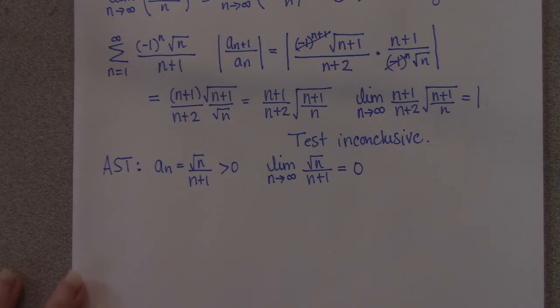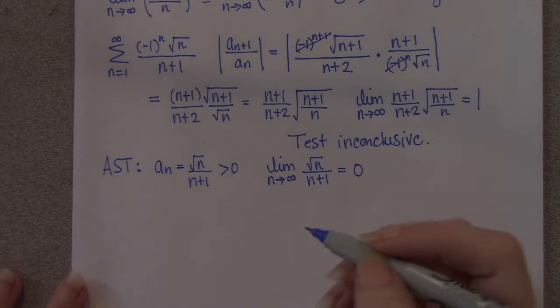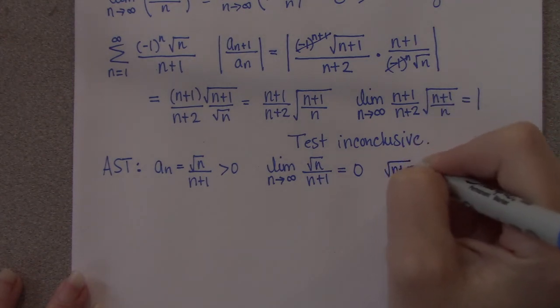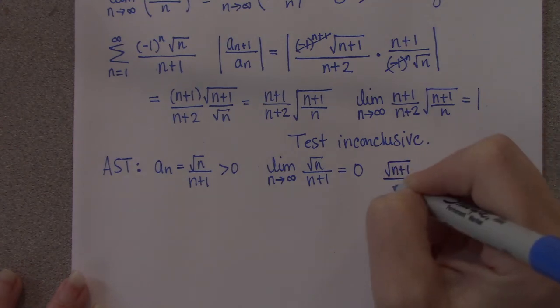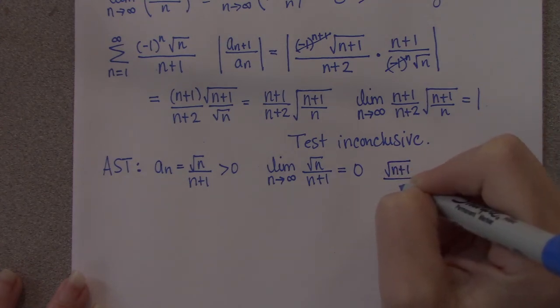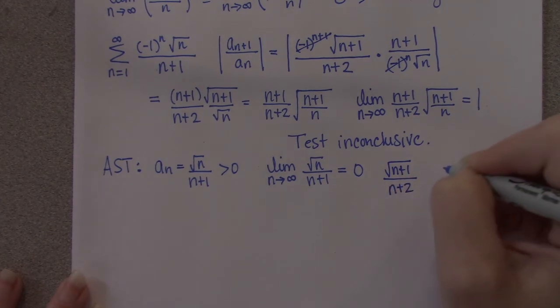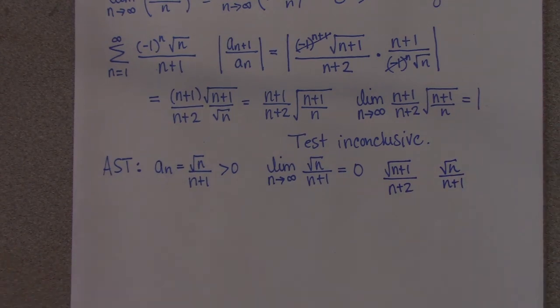So then we need to check, well, are the terms decreasing? So if you try to compare the square root of n plus 1 over n plus 2, sorry, I lost my spot, to the square root of n over n plus 1, okay?